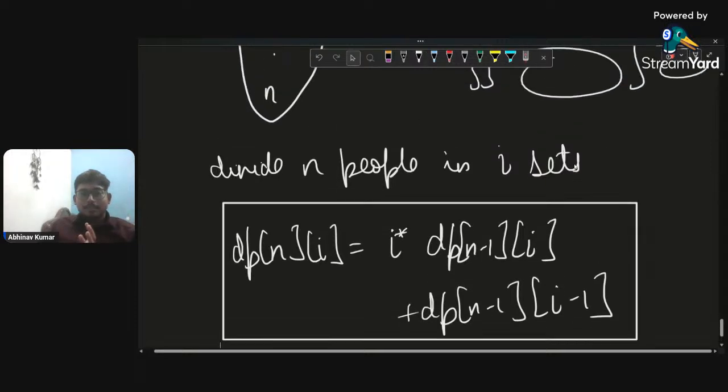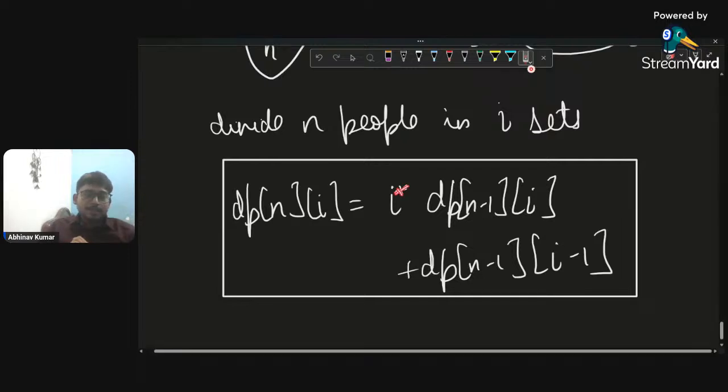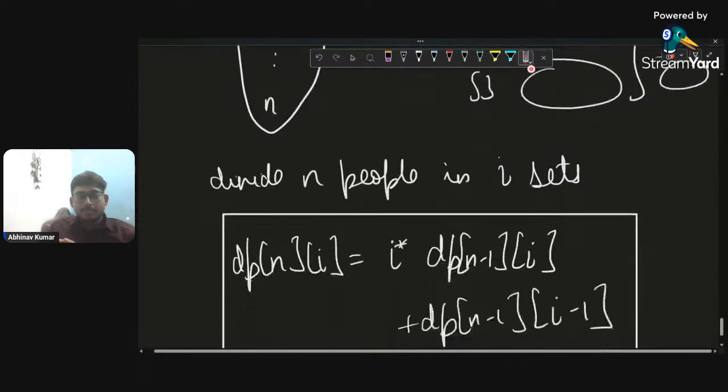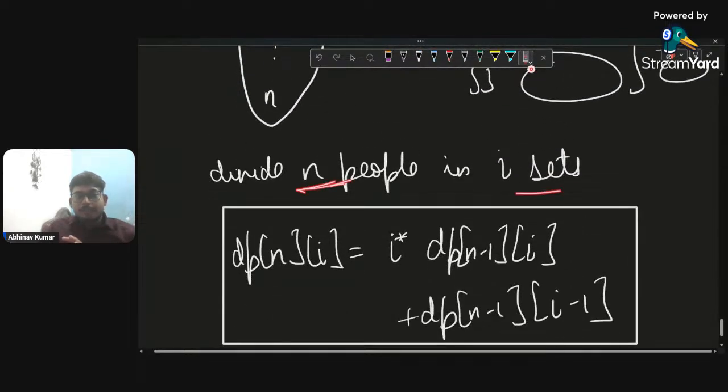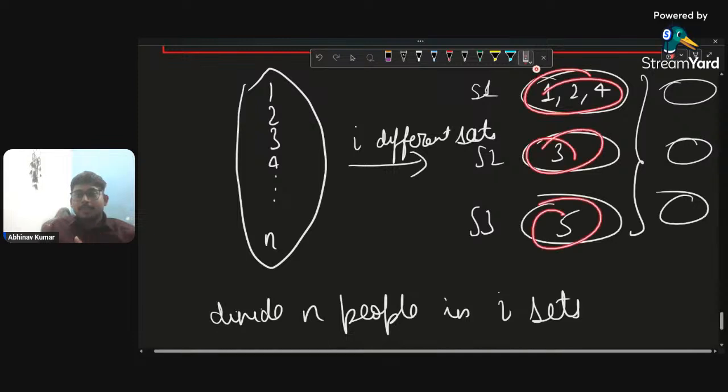Maybe the doubt that would have come to your mind is why we multiplied by I here and not here. If we analyze what our state was, we have to divide n people into I different sets. What I mean by sets is, let's say I'm dividing into 1, 2, 4 in one set, this set is containing 3, this set is containing 5. I have 5 people, and I have divided them into these sets.